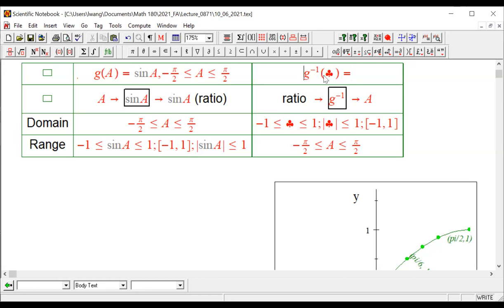So this function, we finally get to the name of it. It has two names, and two names mean the same thing. The most traditional one is sine of whatever.